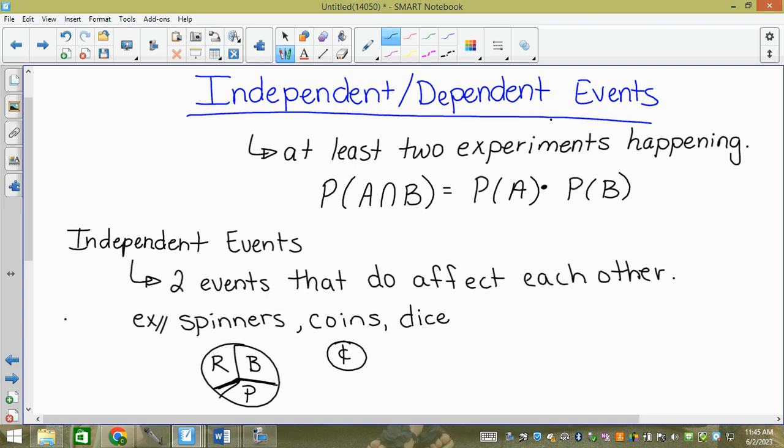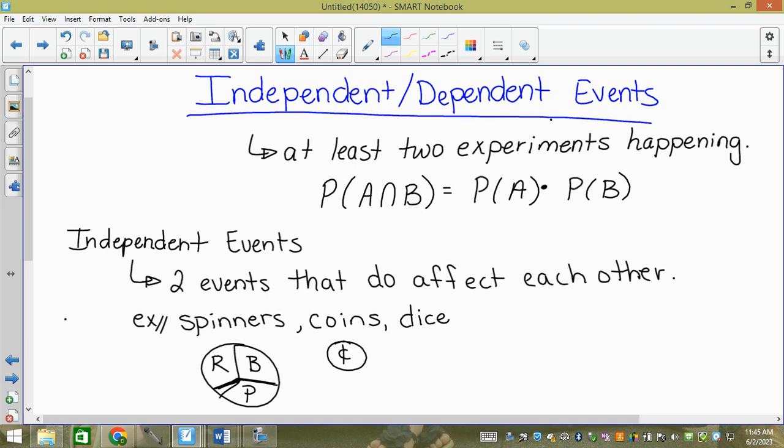What about cards though? What if I go in a deck and I take out a card and this one's a king, and then I take out another card? Would the second event depend on the first one because I'm holding it in my hand? Yeah. So cards aren't always independent. Same with if you have marbles in a bag, and you take a pink marble out, and I keep holding on to it, and I pull another pink marble out.